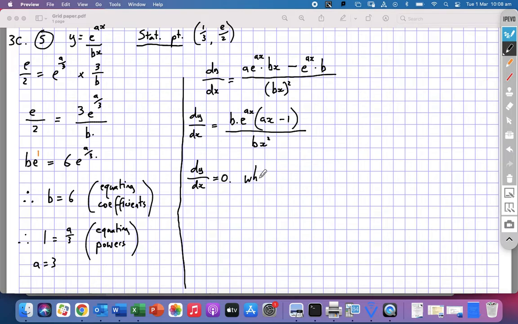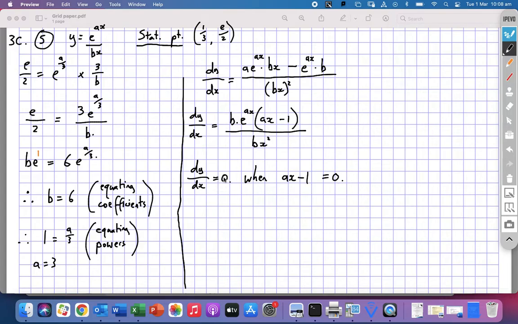Rather than substituting in x is 1/3 and saying the whole thing equals 0, let's get to the crux of the question, because we need to make the ax minus 1 equal to 0.